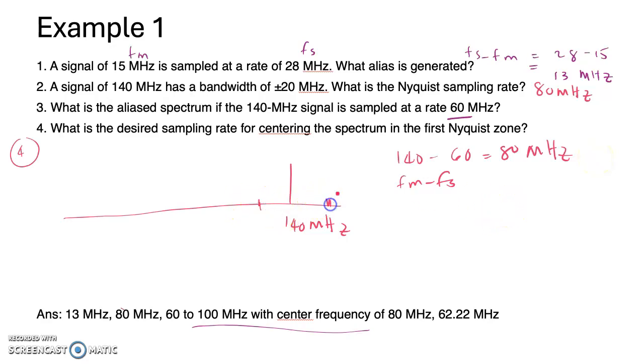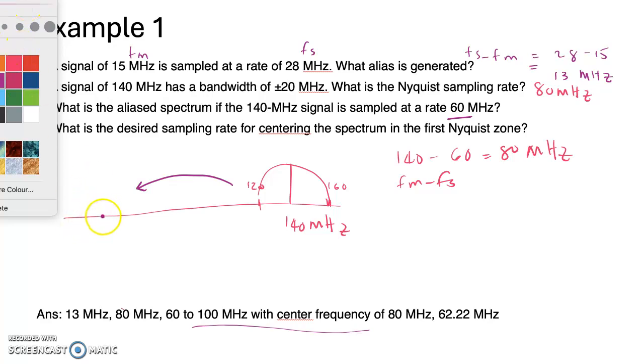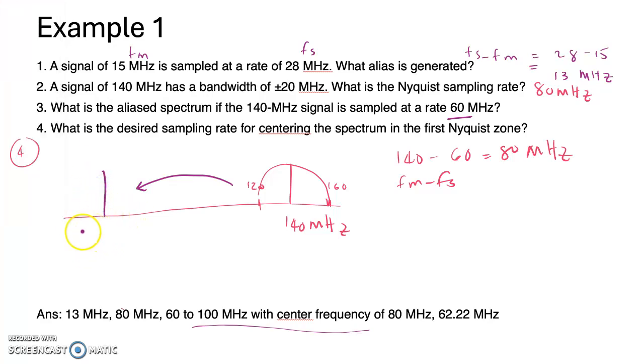And since I have a bandwidth of plus minus 20, this is 110 and this is 120. This information will also follow me when I am down converting. But now my new value, or the alias signal, will be at 80 plus 20, which is 100, and minus 20, which is 60. So this is my alias spectrum, and this is the signal FM.